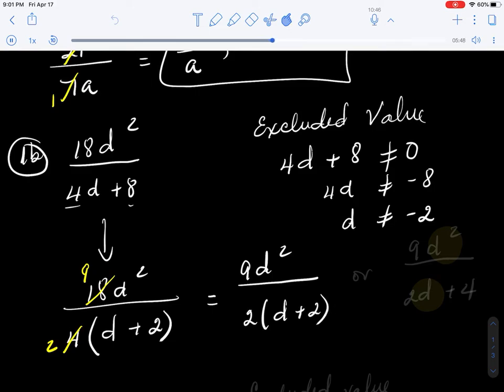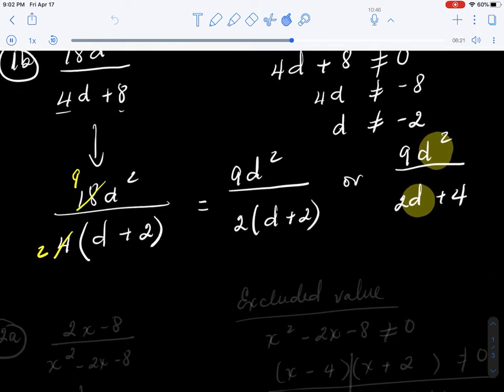Remember, you cannot cancel out the d squared with these d's. The reason is that the denominator has two terms and the top has 1. Remember, if you cancel one thing on the top, you have to cancel exactly what's on the bottom as well.